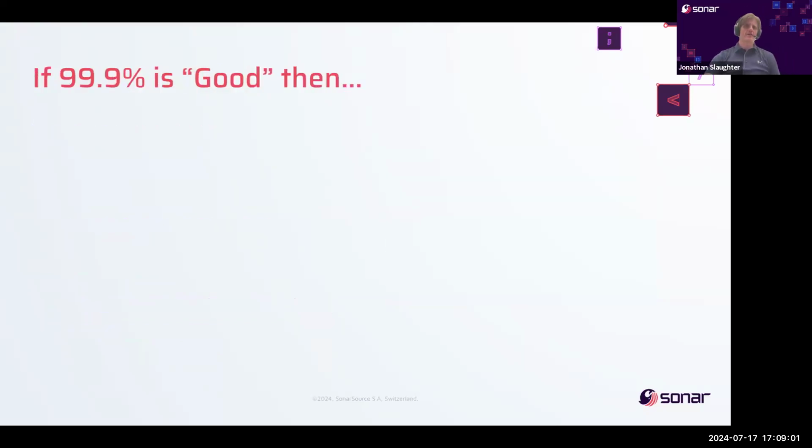We think about a term like 99.9% is good enough, or good enough quality. We're right there. At the end of the day, that's an A plus. We're all getting our 4.0 on something like that.